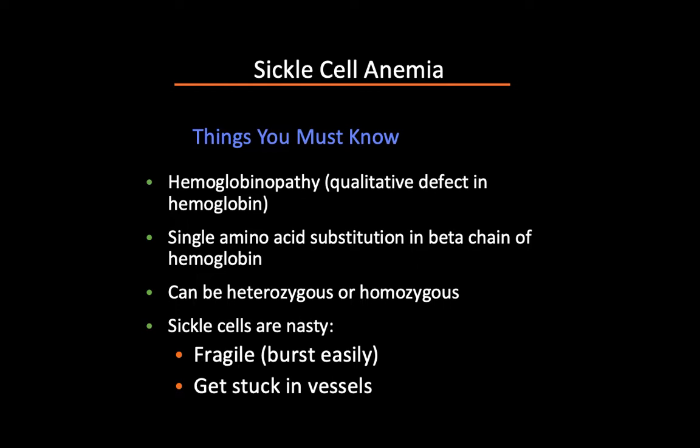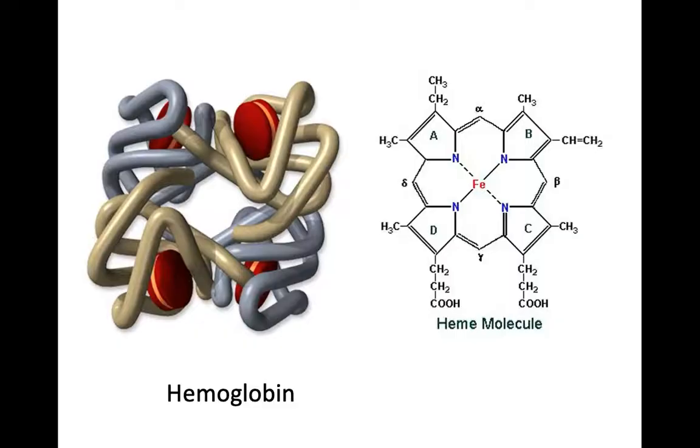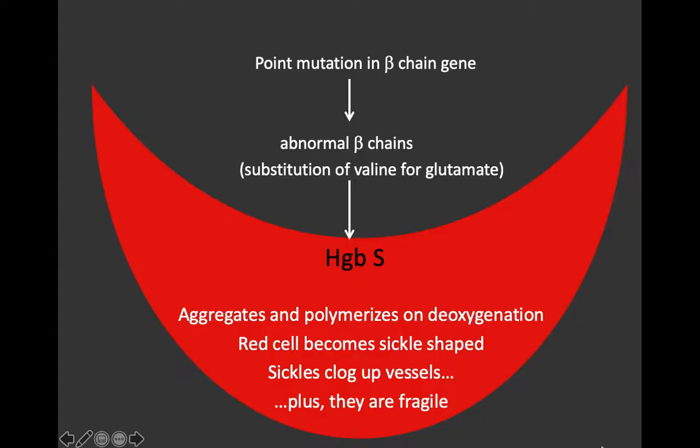In order for this to happen, the person could be heterozygous or homozygous. And sickle cells are very fragile. They burst very easily, and then they can be stuck in blood vessels as well. So here's our hemoglobin again, and one of these chains has an incorrect shape.